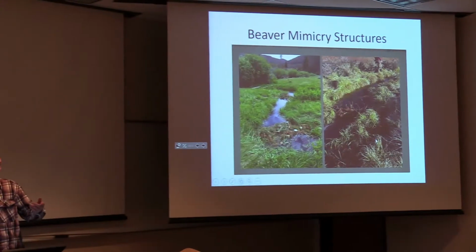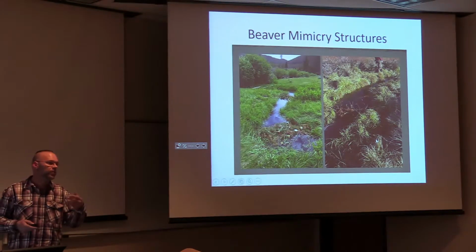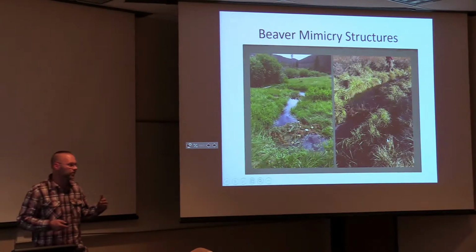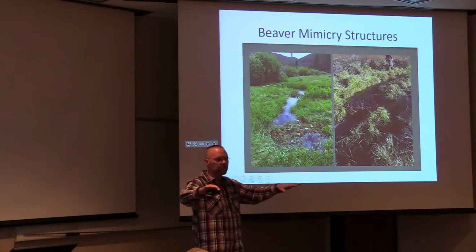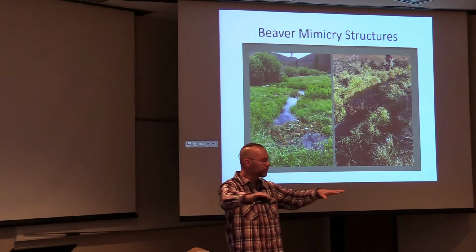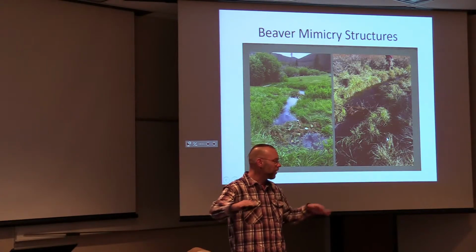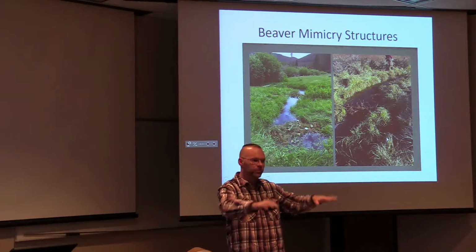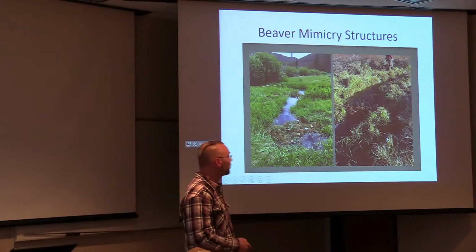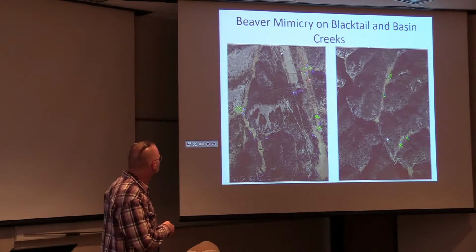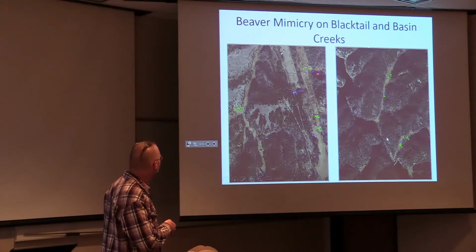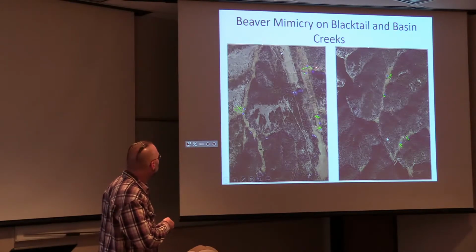And as far as the sediment, I don't have pictures of it, but after one season of having these on site, you can see sediment building up behind these mimicry structures. To me it's impressive to see these incised streams filling up with sediment the way they're supposed to. Here's a figure that shows a couple of the sites on Blacktail Creek.